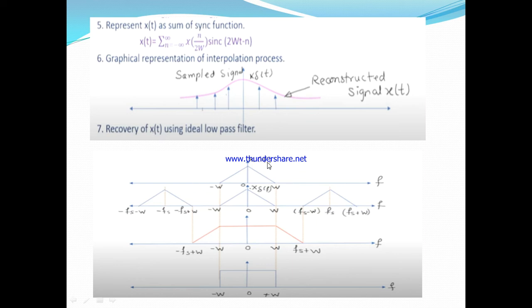Here x of f is the signal spectrum having bandwidth minus W to W. And here x delta of f is the sampled signal in the frequency domain, having bandwidth minus W to W, and these are the low frequency components. It has center frequencies at minus Fs, with bandwidth minus Fs minus W to minus Fs plus W. And this is the signal at the output of the reconstruction filter.